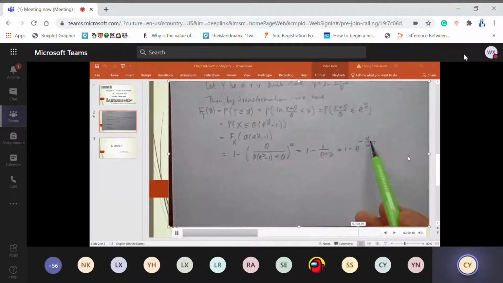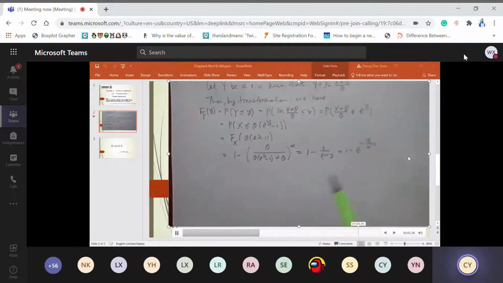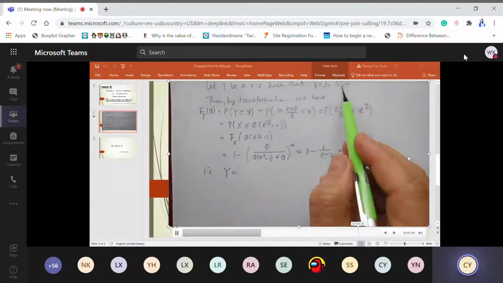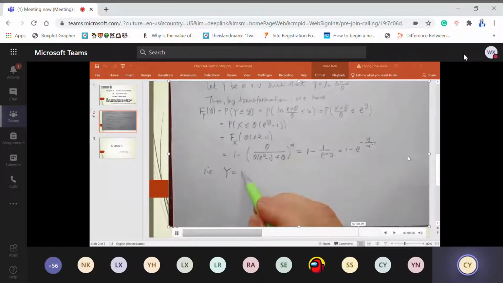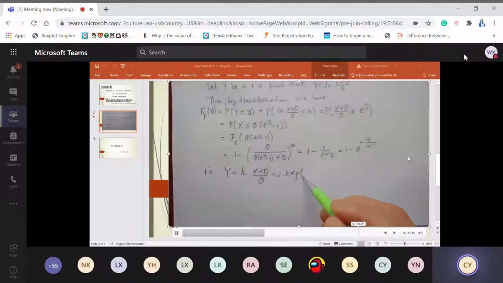And obviously, this is a CDF of the exponential. In other words, this random variable Y, that is log((X plus theta) divided by theta), is exponentially distributed with the parameter of alpha to the power of -1. So we complete the proof.